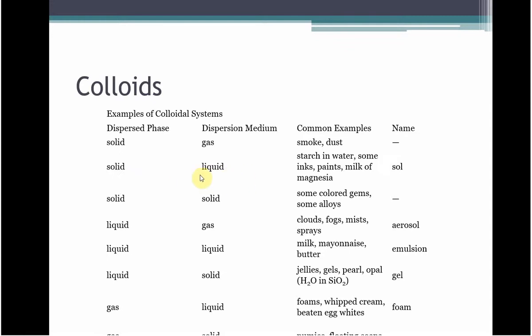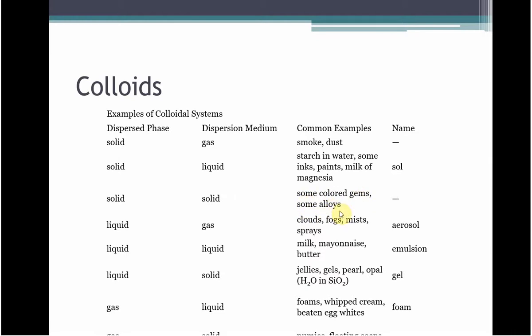Solid and liquid, something like starch and water, ink or paint. Paints are very much a colloid because they stay mixed for quite a while.